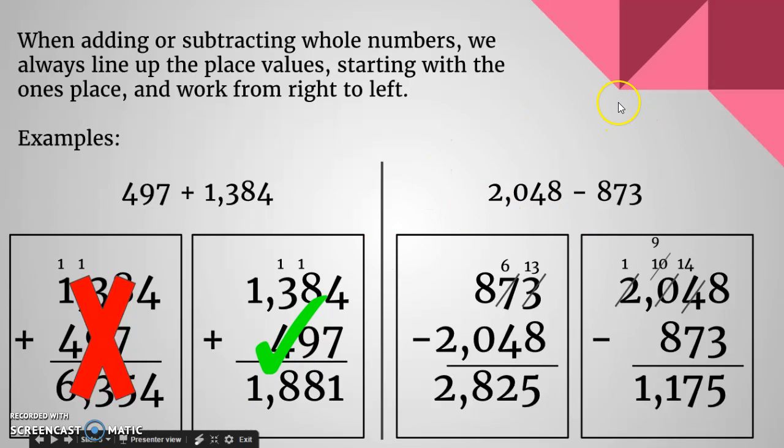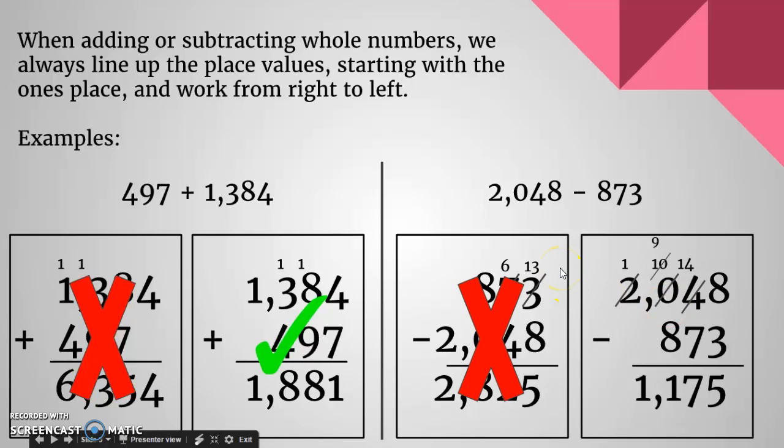Again, if we look at our subtracting with whole numbers examples, we have two different setups. Again, the one on the left is incorrect. The problem with this example is that they put the subtrahend, the second number, on top, which is not allowed. The minuend, the first number, always has to go on top.